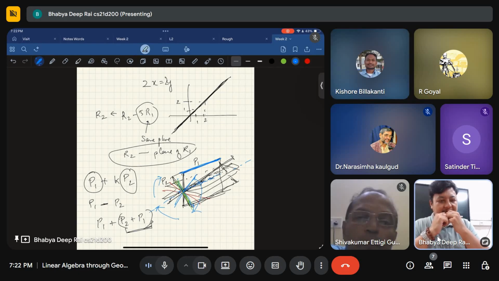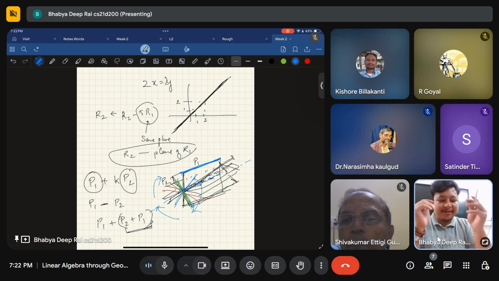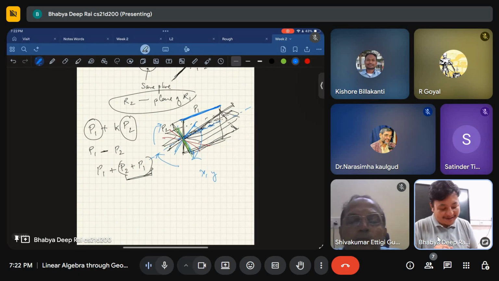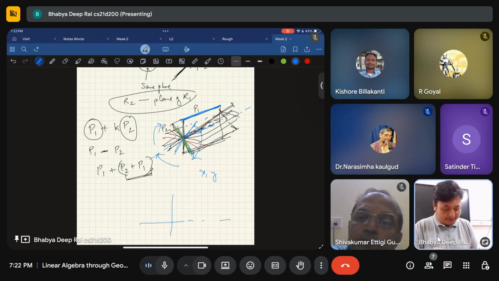Even if you do it on an XY plane and you add a third axis to it, it will still be this. You can test it for yourself, or I can show it in the 3D plotter if you want to see.